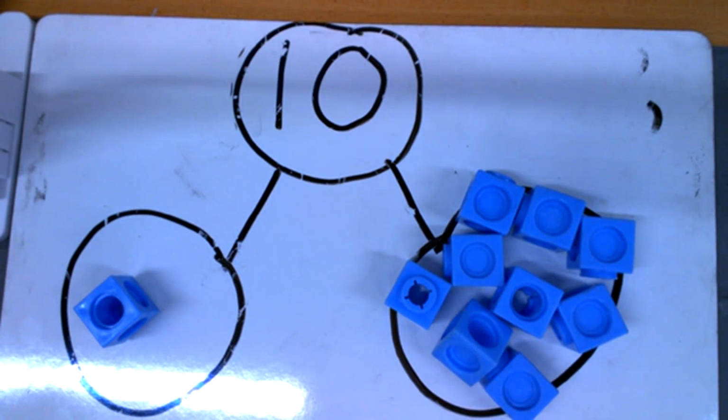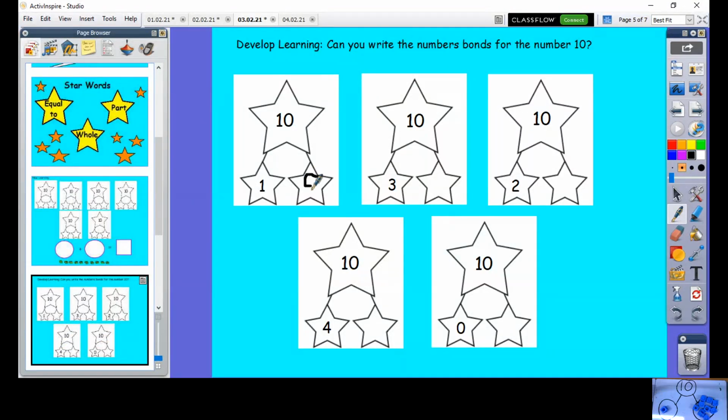So let's fill that one in. 1 and 9 makes 10. On to the next one. We have got 10 as our whole number, and then we've got 3. Okay, 10 and 3. So we need to find this part here.